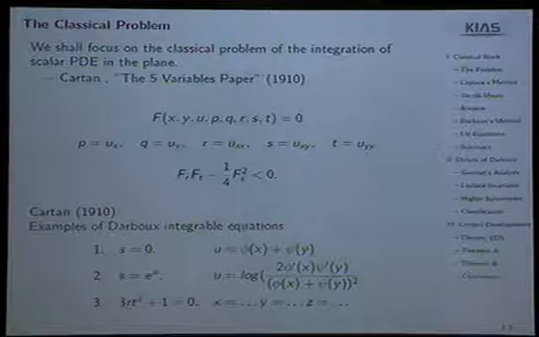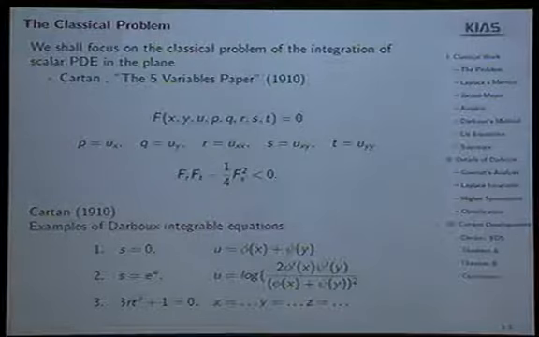The solution is not given explicitly as u being some function of x and y. Rather, the solution is given parametrically. In these dots there's an arbitrary function phi, in these dots there's an arbitrary function psi, and z is given by a very complicated expression in terms of those. So it's quite complicated to write down the solution.